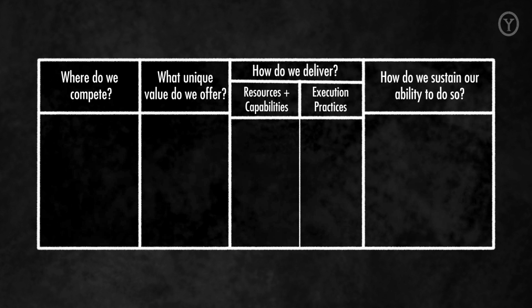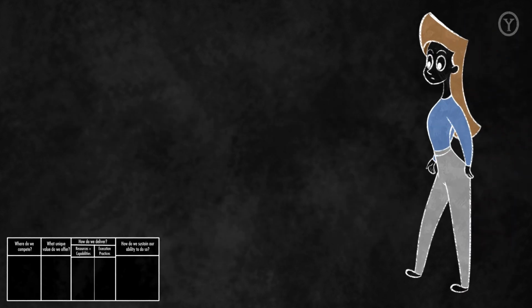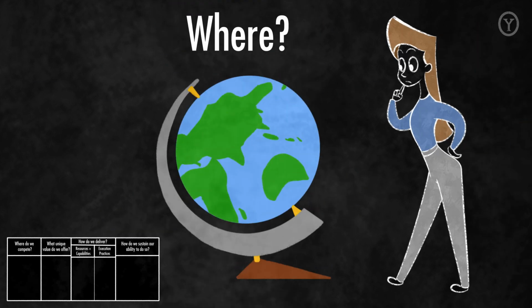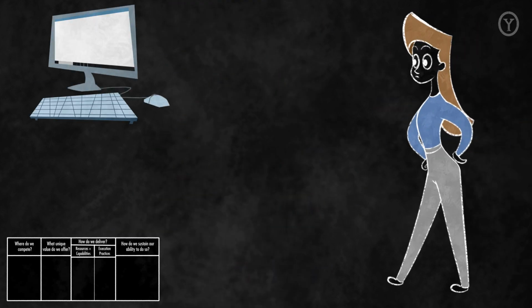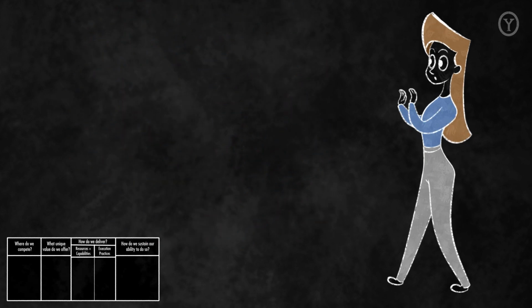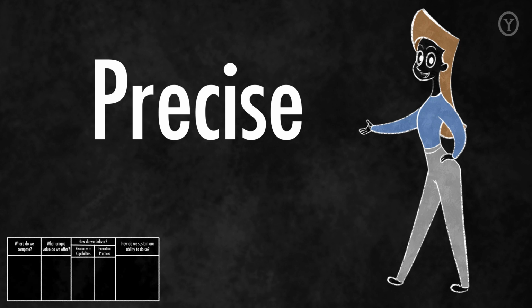So let's go a bit deeper and consider what tools and frameworks fall under each of these high-level questions. In identifying and describing where we compete, the first step is clearly defining our competitive environment. Where do we compete? What technological spaces, industries, markets, geographies, and so forth? We want to be as precise as we can be.